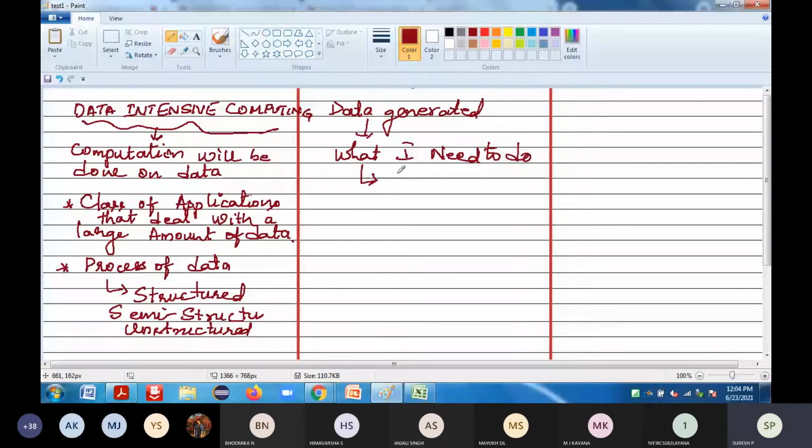So if I require that data in the future, I want to efficiently store that particular data.